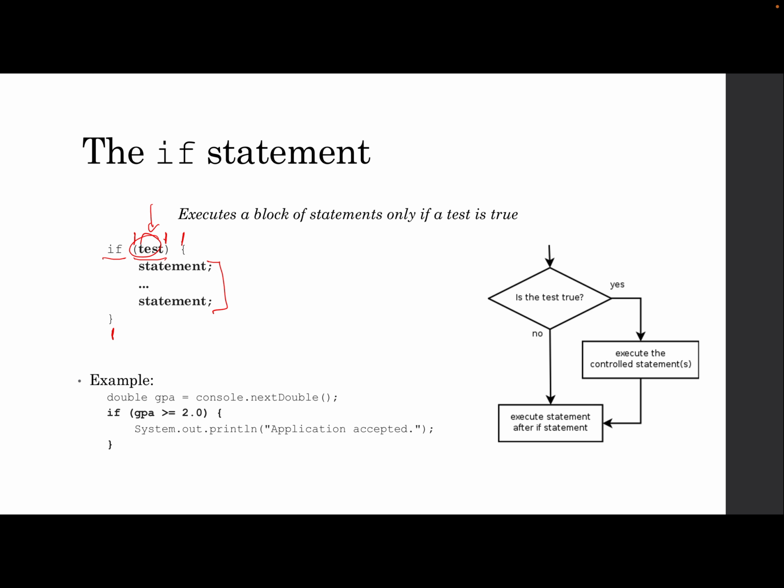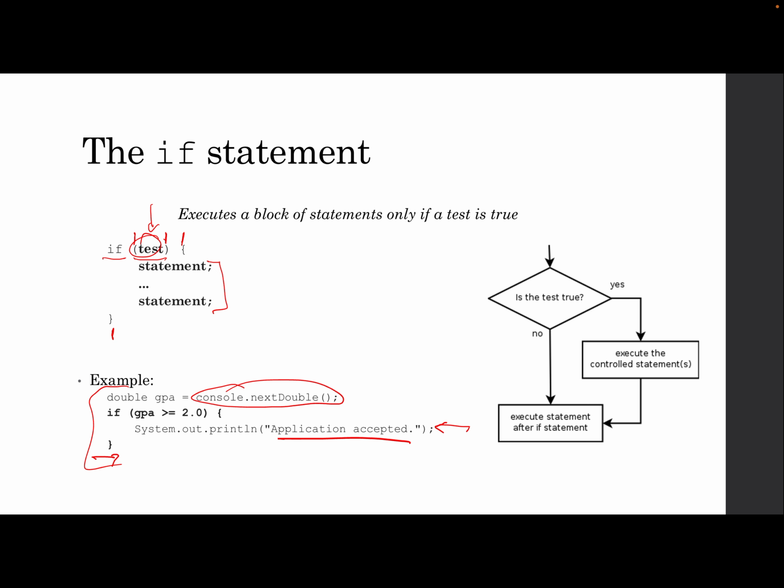So for example, on the bottom here, let's say you're reading in the GPA from the console or from the terminal, and you want to know whether or not the person has had their application accepted. So if GPA is greater than or equal to 2.0, then we print off this text where we say application accepted. Whereas if the GPA is less than 2.0, well then we don't do it, right?